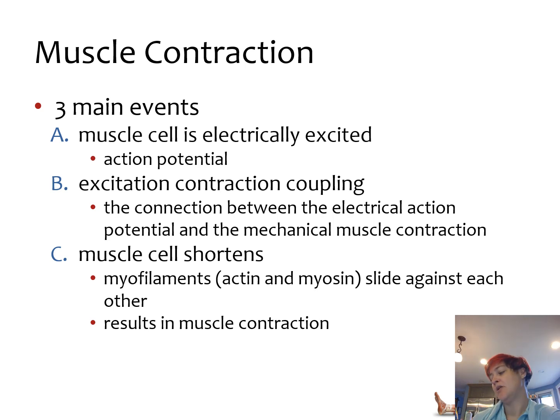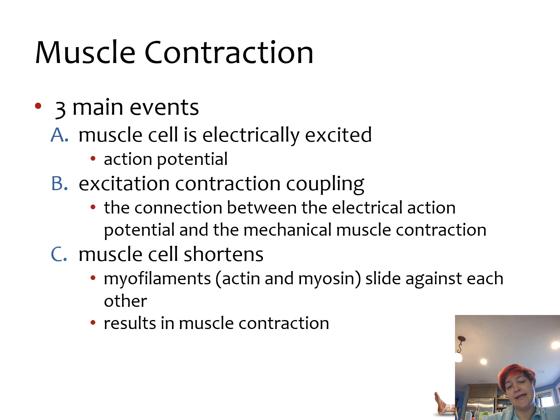Now we're going to talk about what starts happening when we contract our muscle. 3 main things happen. The muscle cell becomes electrically excited, via the acetylcholine attaching to its receptors, which generates this action potential.